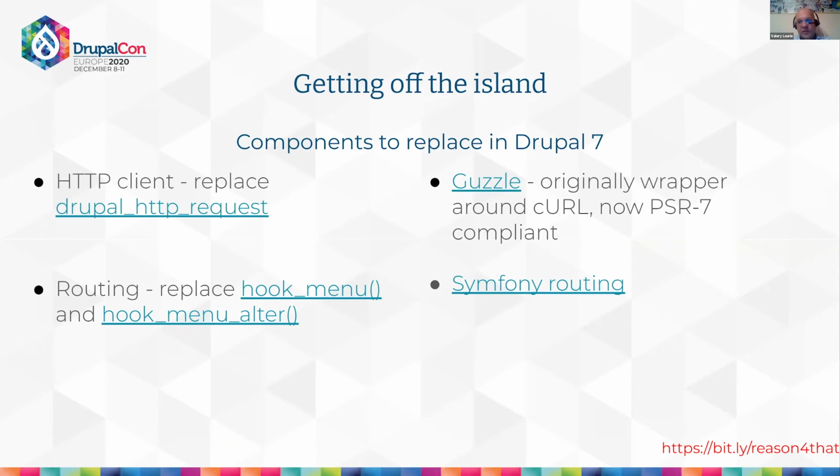So from the "not invented here" paradigm, there was a big shift in Drupal 8 to the paradigm called "proudly invented elsewhere." And it all started with two very basic tasks. When the team started to work on Drupal 8, the first components to replace in Drupal 7 were, first, a component to perform HTTP requests, a task that is done in practically every CMS, so there should already be a library for that.